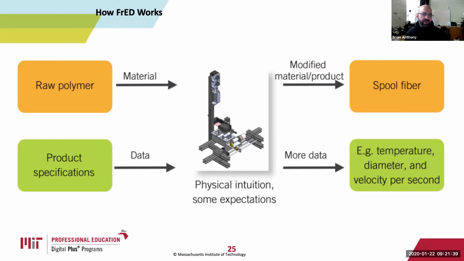But we'll have some physical intuition. I'm sure many of you, when looking at this, can come up with a mental model for the physical intuition and have some expectations for how this thing works. And maybe you're familiar with an extrusion process. Now, throughout the class, we'll come back to Fred in various ways, both a single Fred and multiple Freds and the sensors that are on Fred.